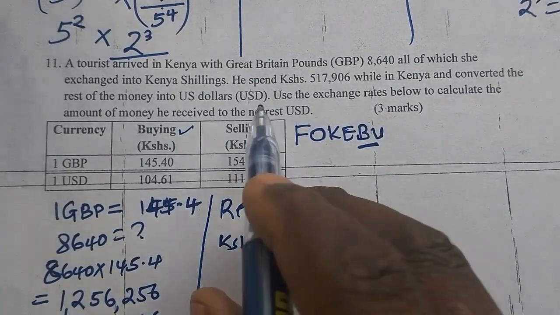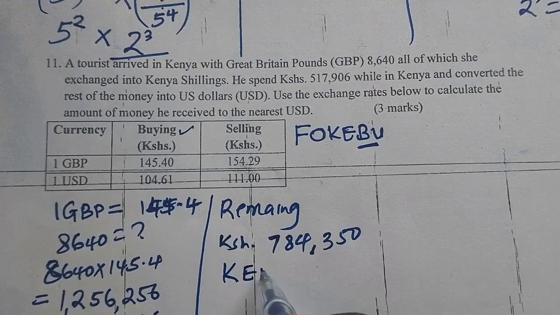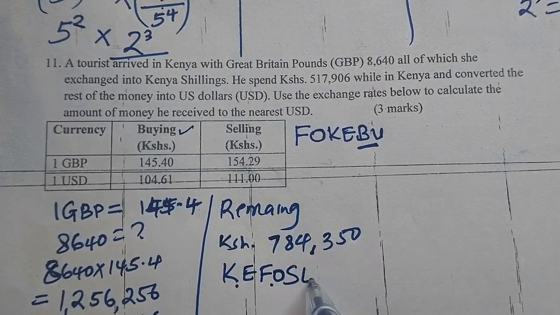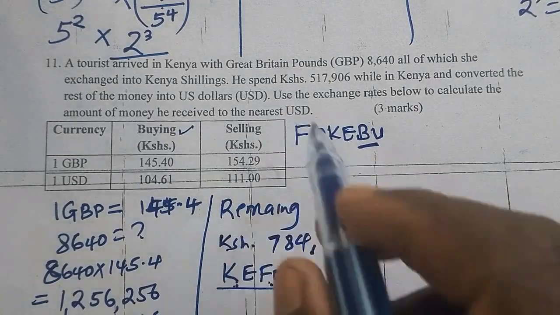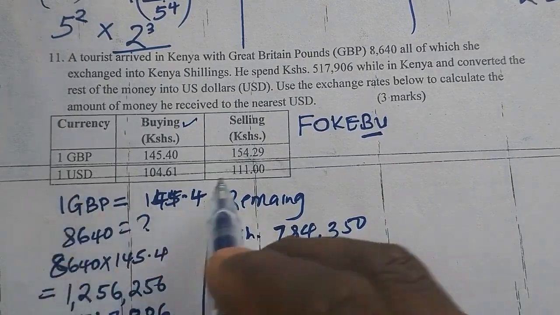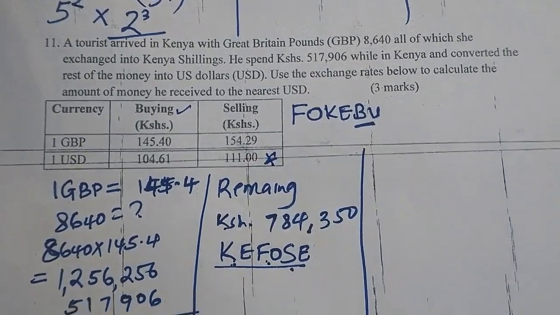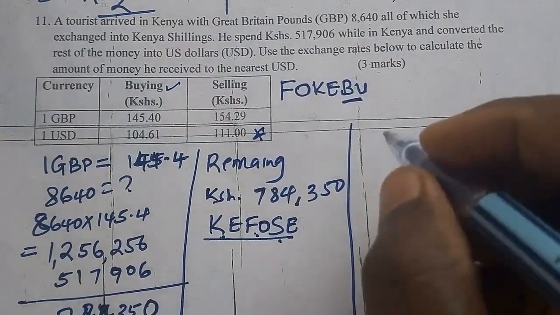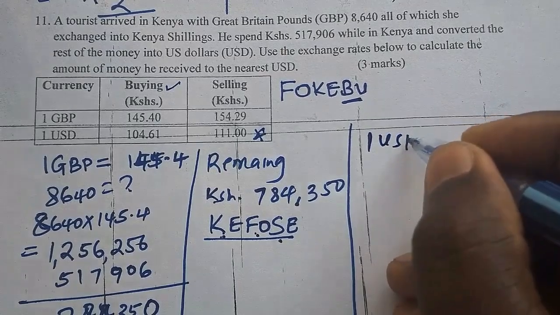Now it is Kenya to foreign. Kenya to foreign, we use selling. So we call it KCSE. Kenya to foreign, because it is Kenya to USD. KCSE. So we are going to use selling. So Kenya, we are going to use now this. Now we are going to say that 1 USD is equal to 111.